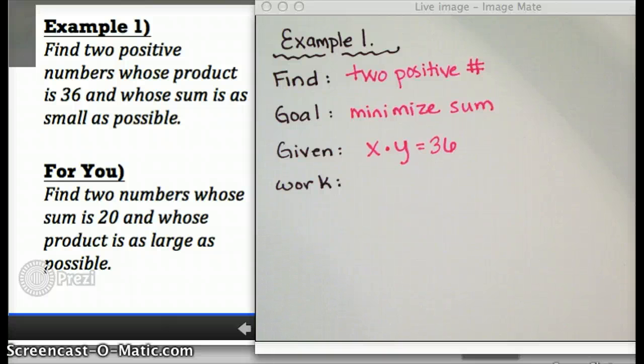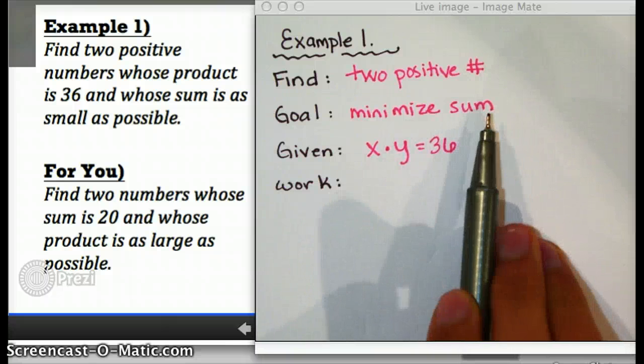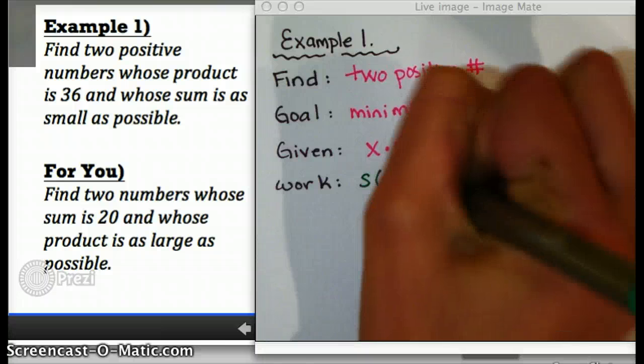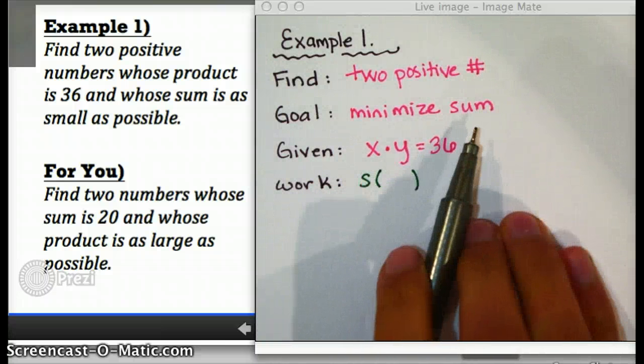Okay, great. If you're following along, we've read and interpreted this problem. We understand what we're looking at. And our next big step is to set up a function whose output is the thing we're trying to optimize. In this case, we're trying to optimize the sum. We're trying to minimize it. So your work needs to start with writing a function. And the output of the function I'm going to label s, which stands for sum.